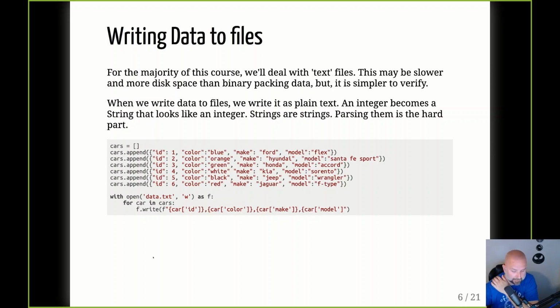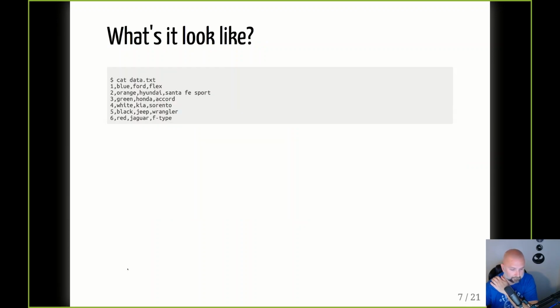And so you'll see I'm making a comma separated file in here. Those commas are outside of my formatted strings. So in the end, we should see a file that looks something like this. cat is a Unix command to print out a file. So we'll see my first line is 1, blue, ford, flex.